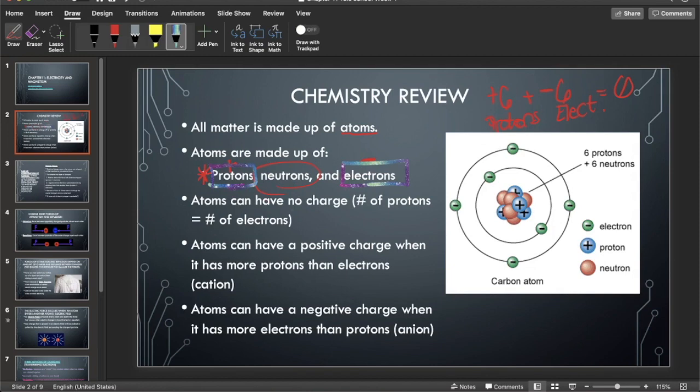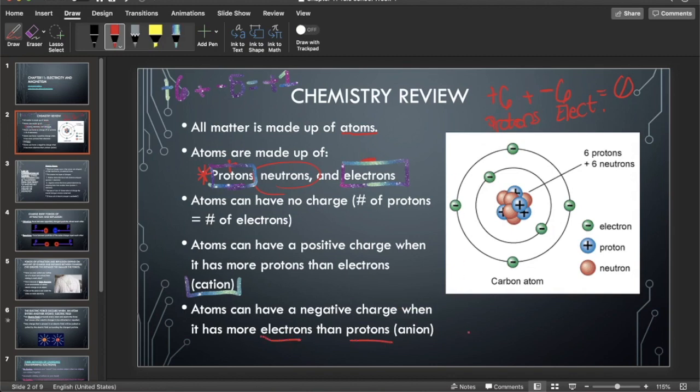Atoms can have a positive charge when they have more protons than electrons, and those are called cations. So if you have 6 protons plus negative 5 electrons, then you're going to have a positive 1 charge. If an atom has a negative charge, that's when it has more electrons than protons.